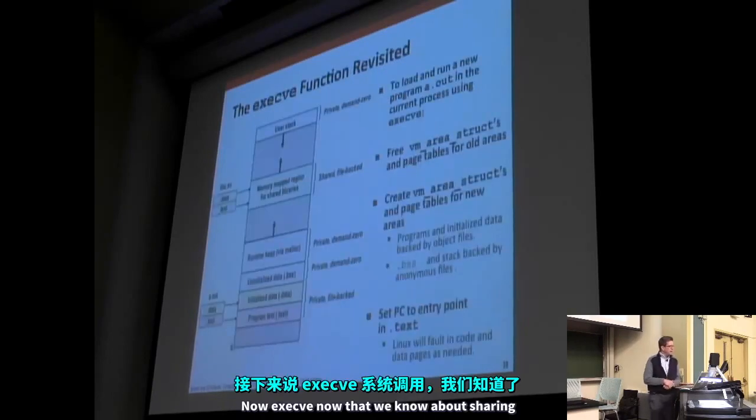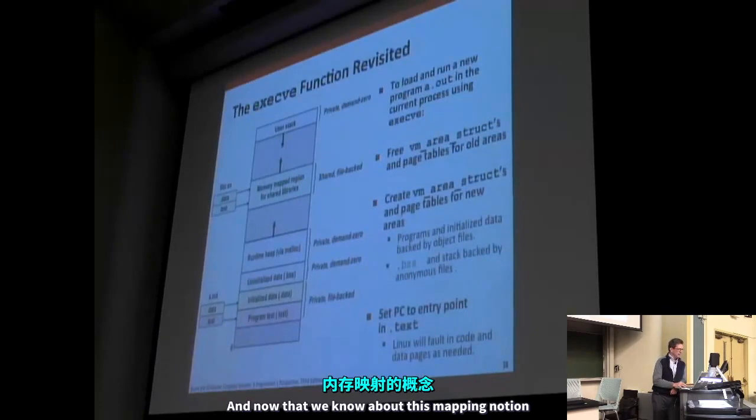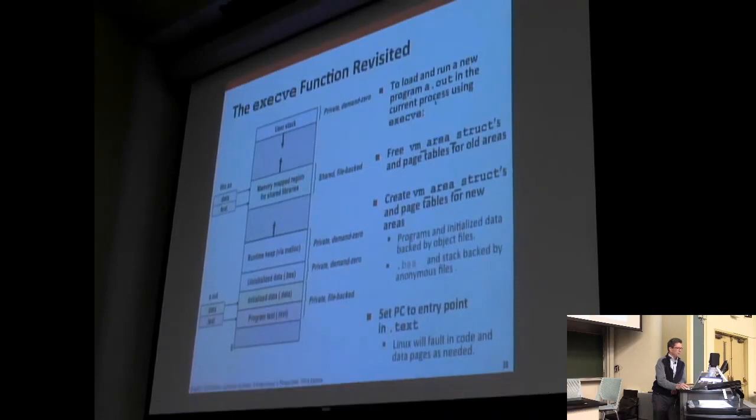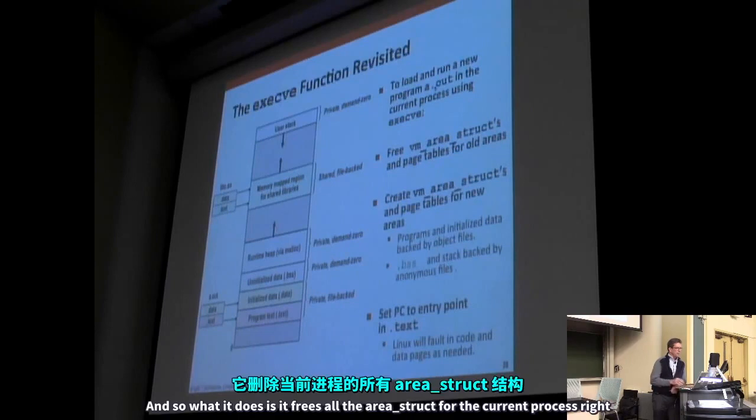Now, execve, now that we know about this mapping notion, the execve function loads and runs a new program in the current process. So what it does is it frees all the area structs for the current process.